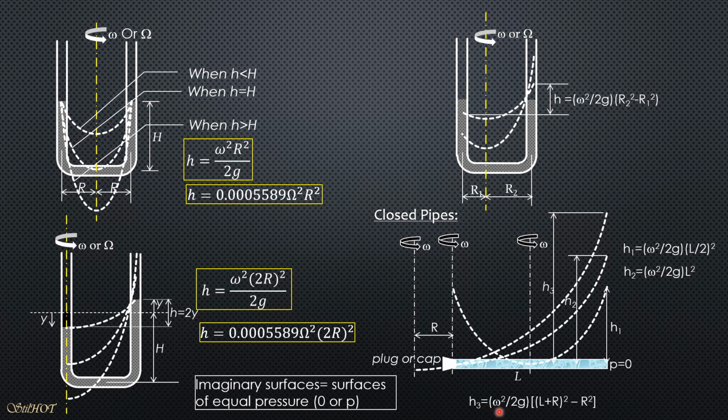So that's why the formula for the net height h3 is omega square over 2g quantity L plus R square minus R square. So that's it for this situation. I hope that you're able to follow the principles.